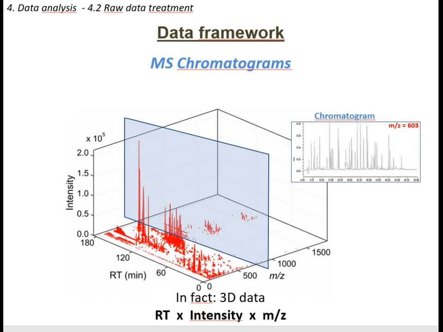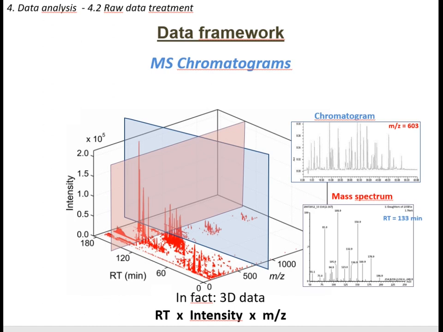If you take slices of these 3D data by mass, then you have chromatograms. For example, if I look only at the mass 603, then I have a chromatogram and I see a peak wherever there is an increase in the signal of this particular mass 603.